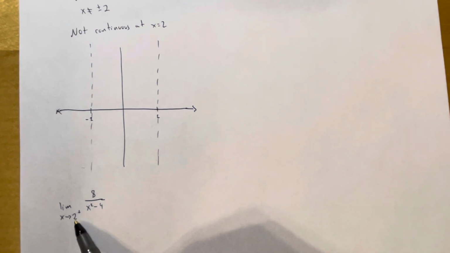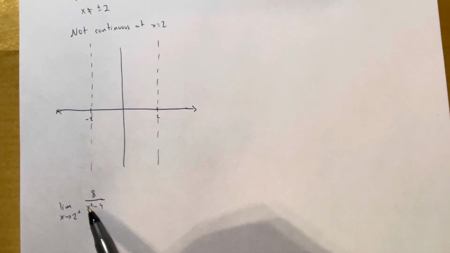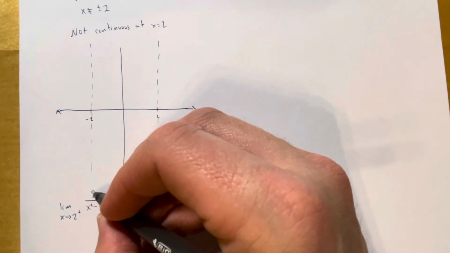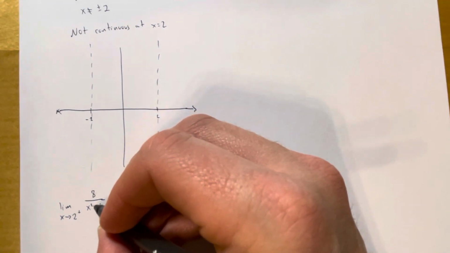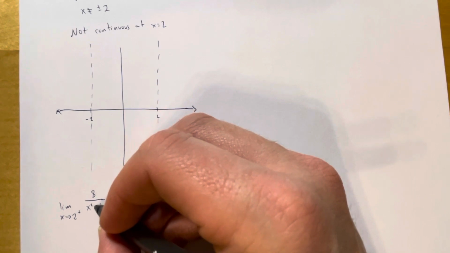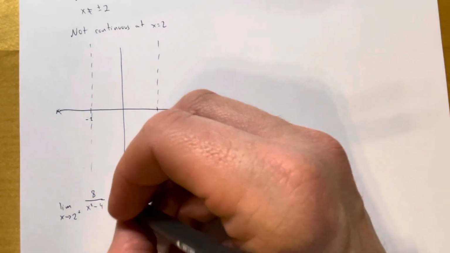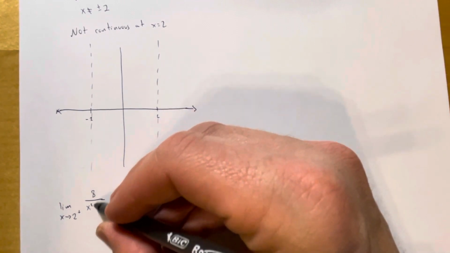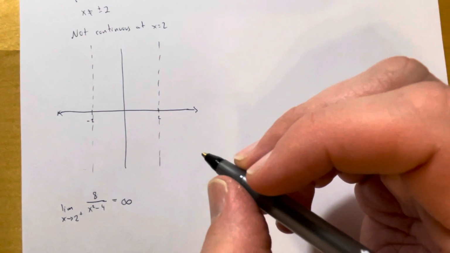If they're slightly larger than 2, when I square it, I'm going to get a number that's slightly larger than 4, and subtracting 4 from that will still give me a positive number, but one that's very close to 0. So I have a positive number over a really, really small positive number, and that number is going to continue getting smaller, but it will remain positive. Big numerator over a small denominator, both positive, that would give me infinity. This is one of those infinite limits, okay?